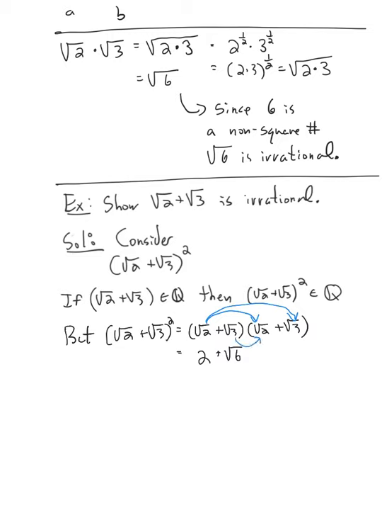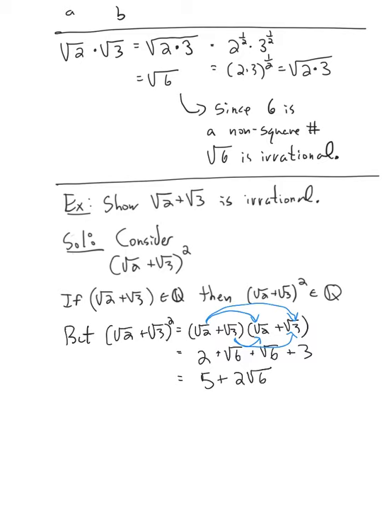Square root 3 times square root 2 is another square root 6. And square root 3 times square root 3 is, of course, 3. So this is 5 plus, well, we have 2 root 6's. So I'll write it like this. Square root 6 plus square root 6 is 2 square root 6's.